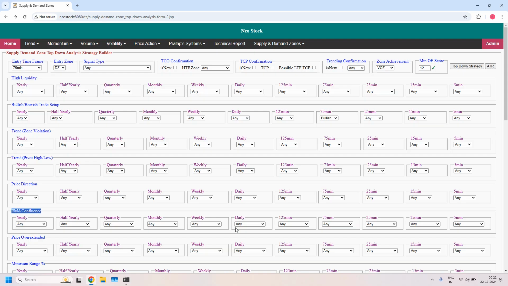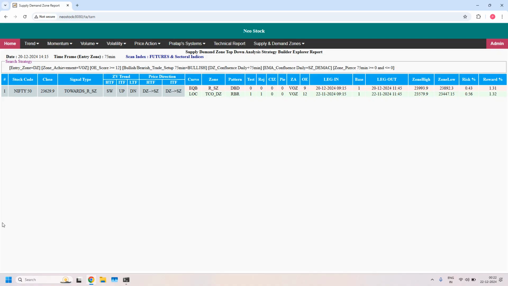In the EMA confluence, daily time frame, because the 75 minutes supply zone is part of the daily supply zone, that's why we are looking for daily supply zone with daily EMA confluence. With this filter, we got only one stock, Nifty 50. High liquidity supply zone. So this stock is having EMA confluence, the supply zone.